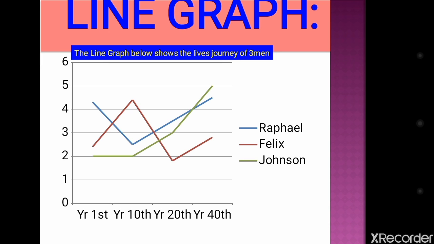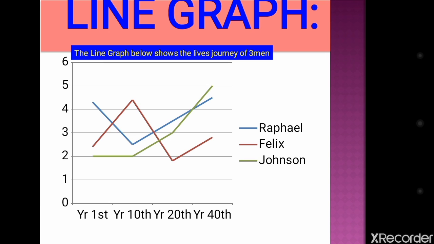When you get to the 10th year, Johnson still maintained the same level of life, level 2, but Raphael this time moved down on the blue line, to between level 2 and level 3, while Felix moved up to a higher level of life, level 4 and above.